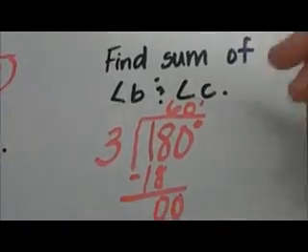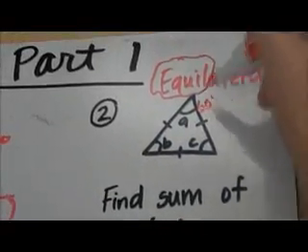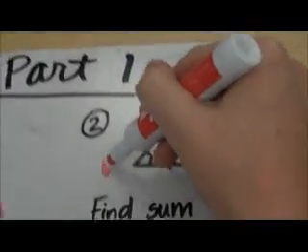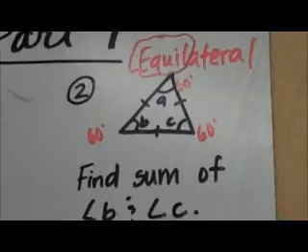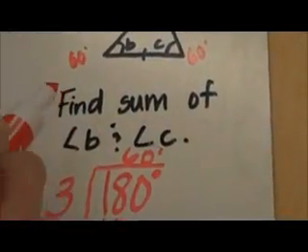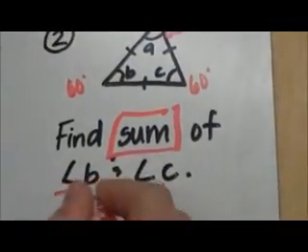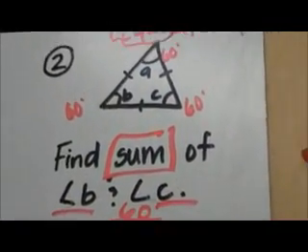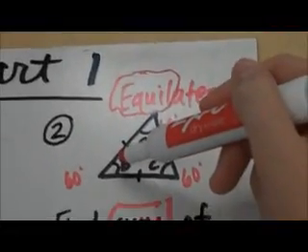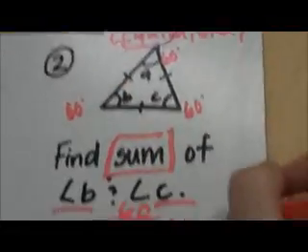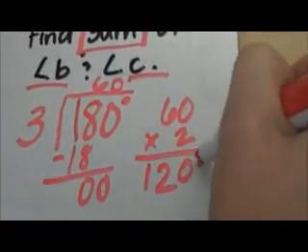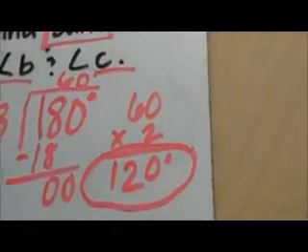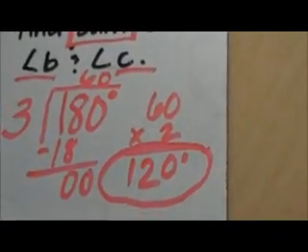So angle A is 60 degrees, angle B is 60 degrees, and angle C is 60 degrees. But look at what it asks you to do. It asks you to find the sum of angle B and angle C. Going back up to my triangle, angle B is 60 degrees and angle C is 60 degrees. 60 times 2. So the sum of angle B and angle C is 120 degrees.